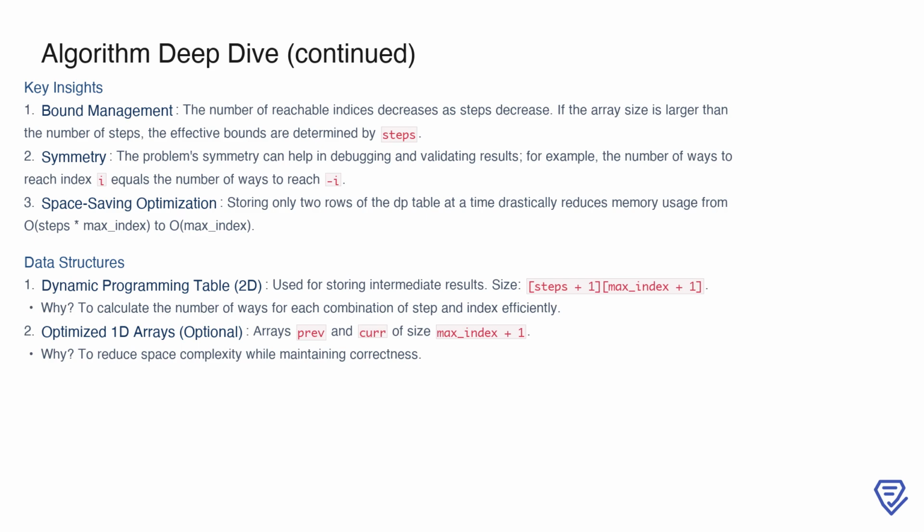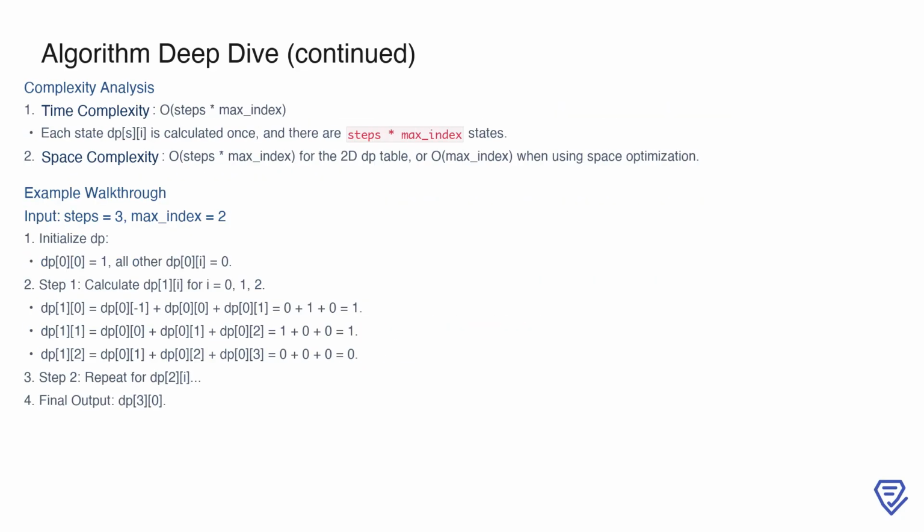Lastly, the space-saving optimization we discussed earlier, storing only 2 rows of the DP table instead of the entire table, not only simplifies the implementation but significantly reduces memory usage. In terms of data structures, we use either a full dynamic programming table for clarity and completeness or the optimized 1D arrays for efficiency.